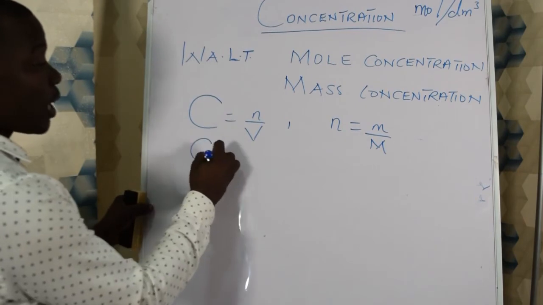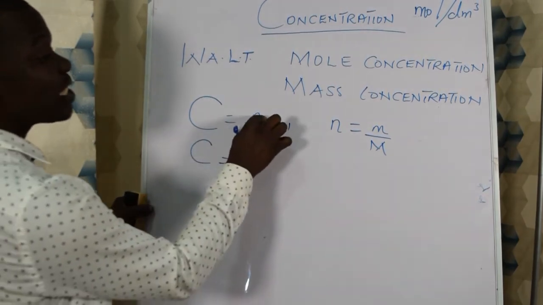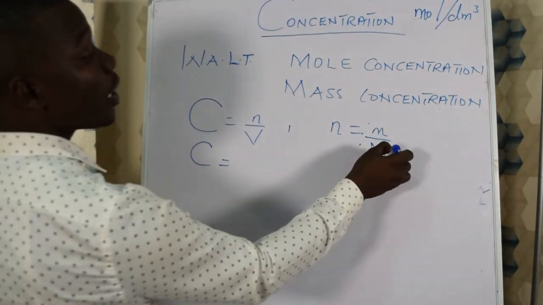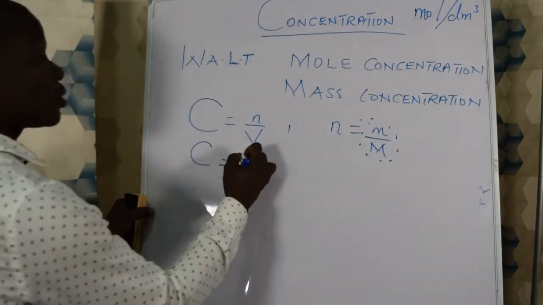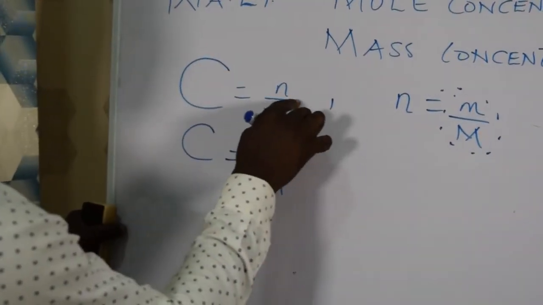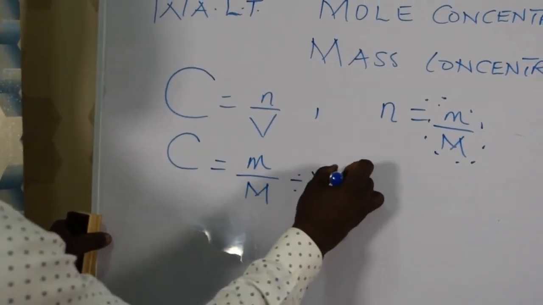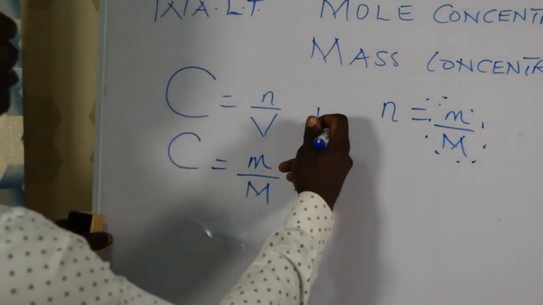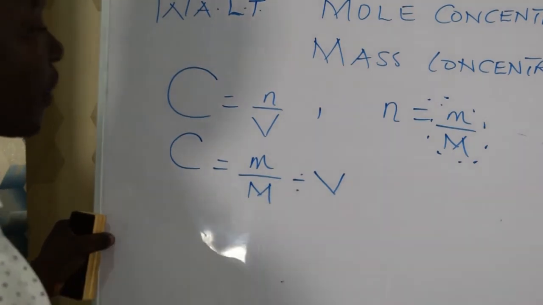So we are going to rewrite this formula, and where we see n, we'll replace it with small m over big M. This is the same as divided by volume. So I have rewritten this formula in this way.